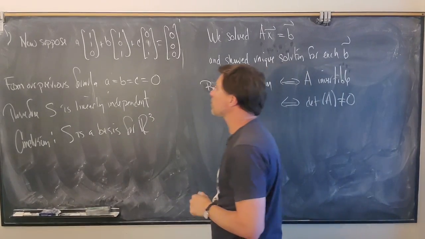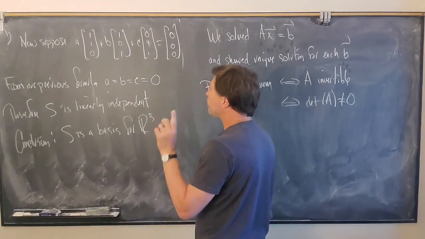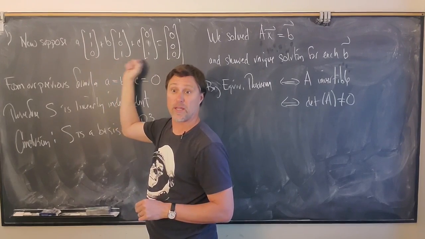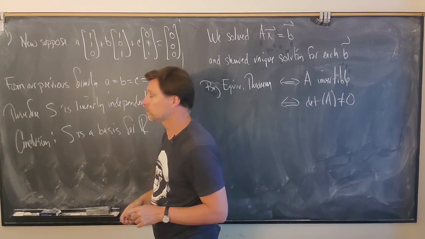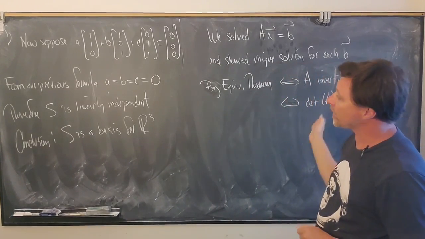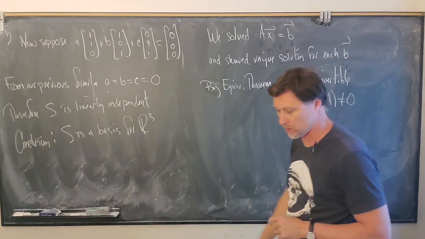So in the special case where we have a square coefficient matrix, which when working in R3 means we need 3 column vectors, we can actually show that we have a basis by just computing a determinant.